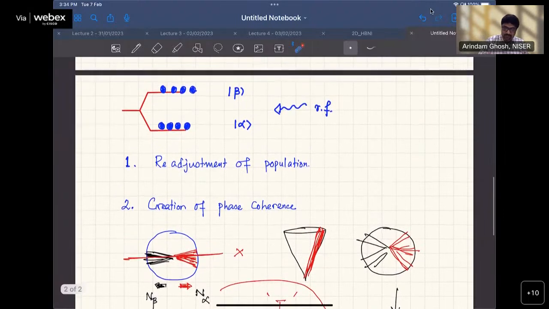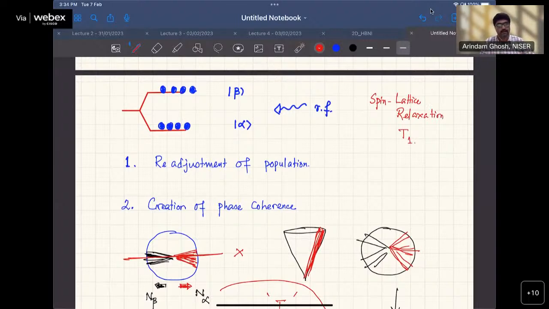That is why this one is called T1. This is called spin-lattice relaxation, because the spin system is giving extra energy to the lattice, and this time constant is called T1. It's an exponential process.